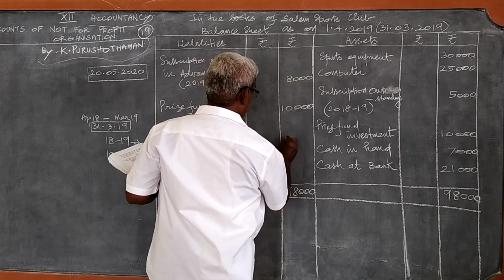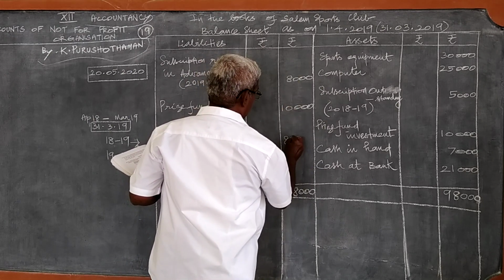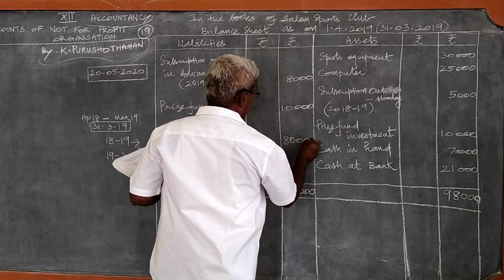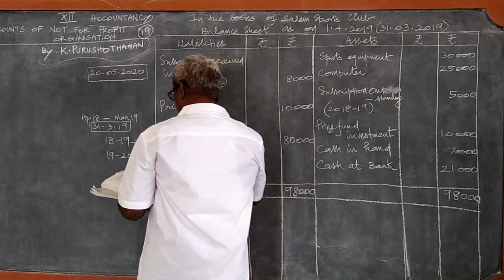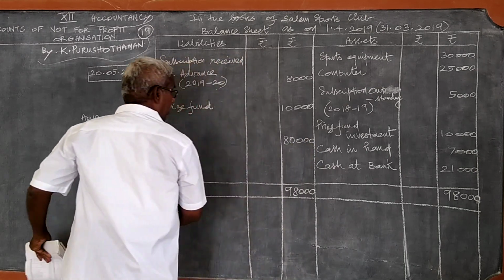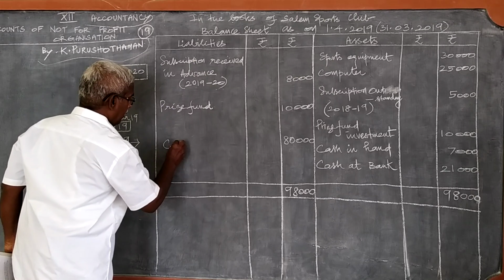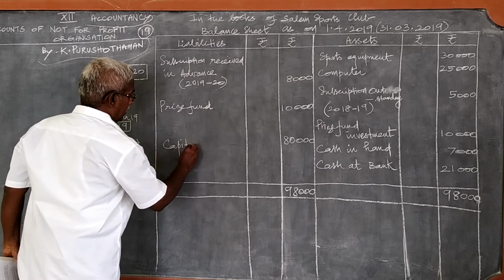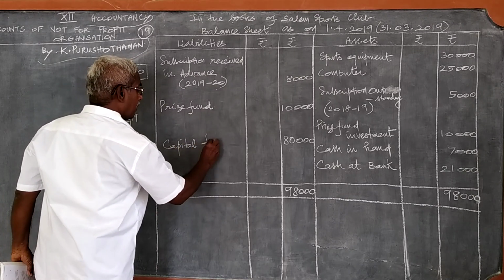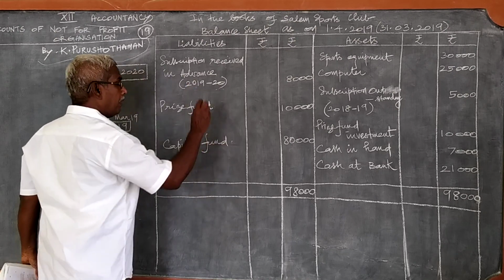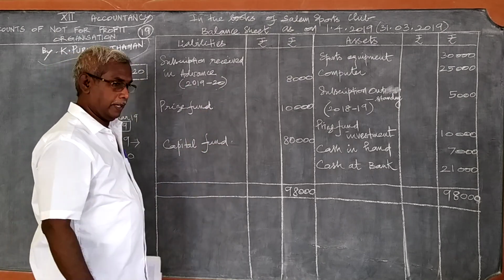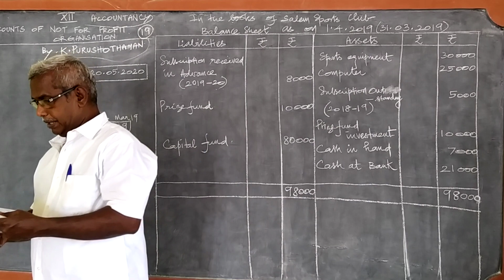The balancing figure is 80,000. This balancing figure is otherwise called capital fund. Capital fund, 80,000.